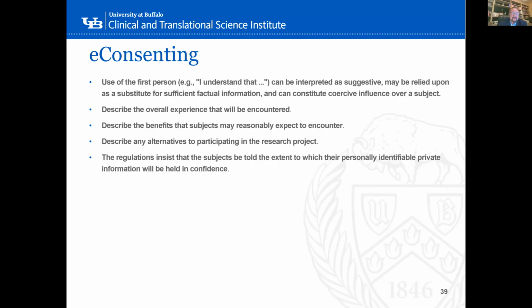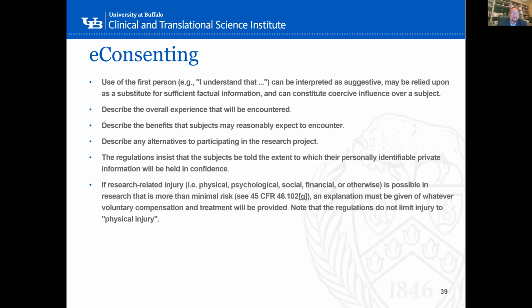The regulations insist that the subjects be told the extent to which their personal identifiable information will be held in confidence. If research-related injury is possible from the research that is more than minimal risk, and that doesn't have to be physical, it could be psychological, social, financial, or otherwise, an explanation must be provided of whatever voluntary compensation or treatment will be provided for that harm.